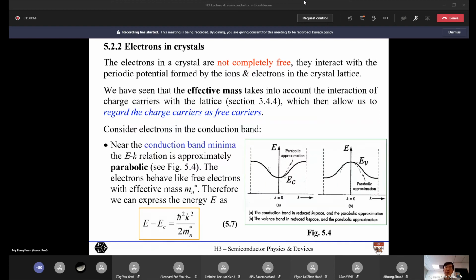But of course, in order to use that solution, we need to make some modification. The first one we mentioned is that we need to use the effective mass quantity instead, because an electron in a crystal is no longer the rest mass, it's some effective mass quantity. And the other thing we need to adjust a little bit is the energy quantity. If you look at the conduction band, notice that the conduction band edge is not at the zero value.